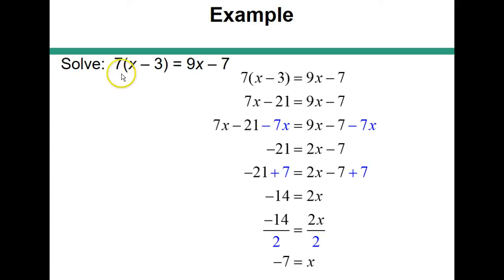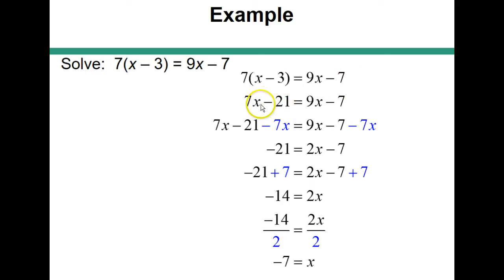Now, in this example, you have a grouping symbol, and there are no fractions, so we're going to clear the grouping symbol by distributing, and we can follow it here. We distribute the 7, being careful of the signs.